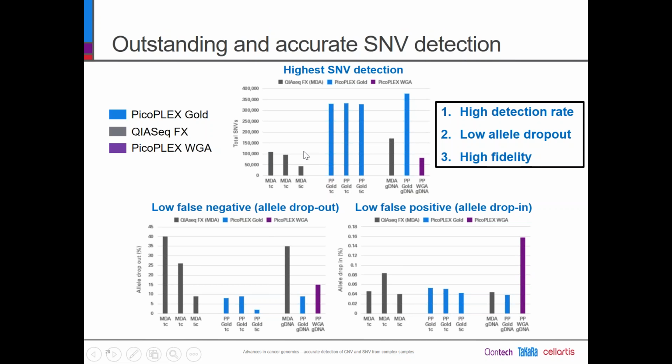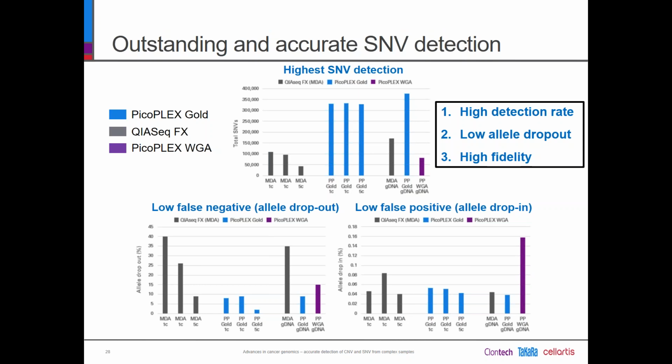You can see that we are able from single cells to detect 3 times more SNVs using Picoplex Gold. To give you an idea of the numbers of SNVs detected, because it might be small for you, we are above 300,000 SNVs detected by Picoplex Gold, which is definitely a lot, even from single cells.